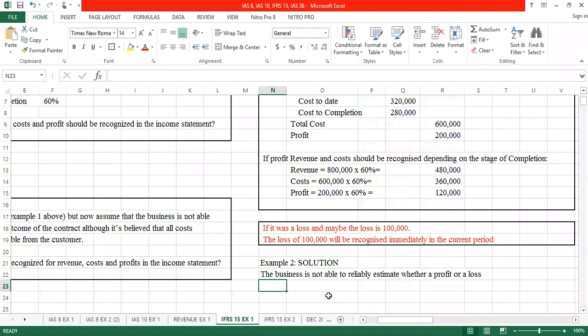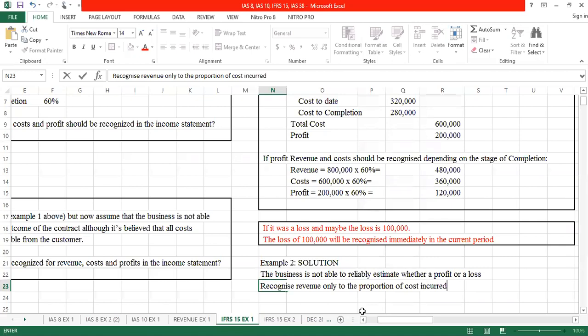So if the business is not able, what did we say? Please take note of what I'm doing here. Recognize revenue only to the proportion of cost incurred to date. So this is what you are talking about.